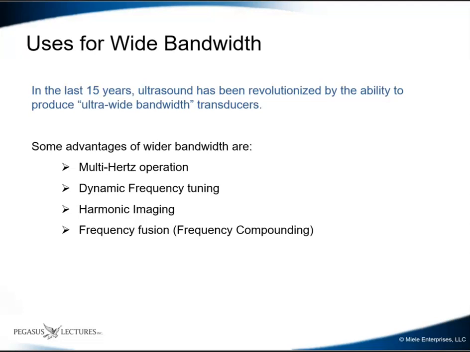And it's also given us something called frequency fusion, also known as frequency compounding, where we are using low frequencies for deep imaging, high frequencies for near field imaging, and middle frequencies for the midfield imaging, and improving our images in those ways. So those are our uses for bandwidth.